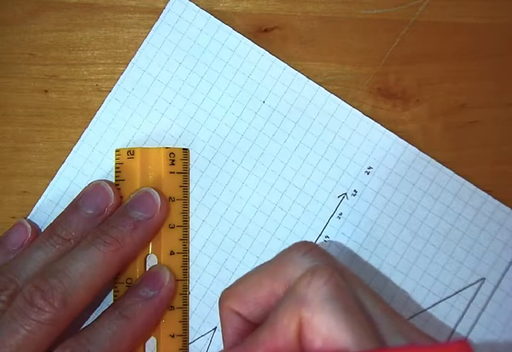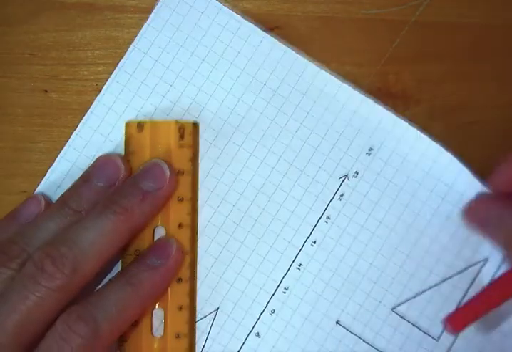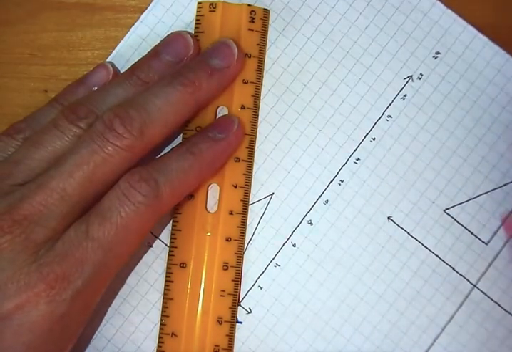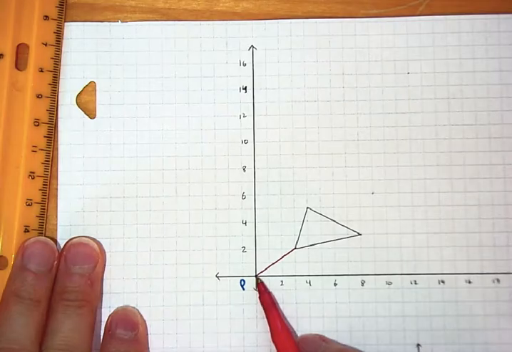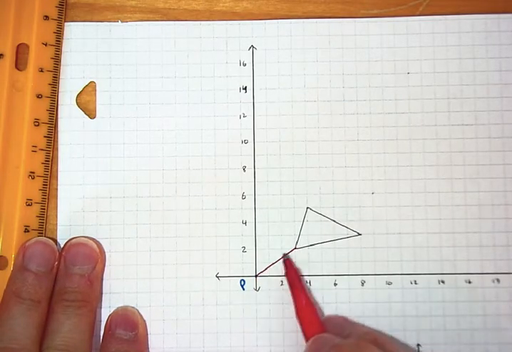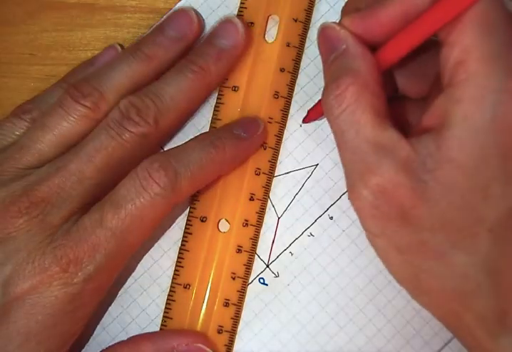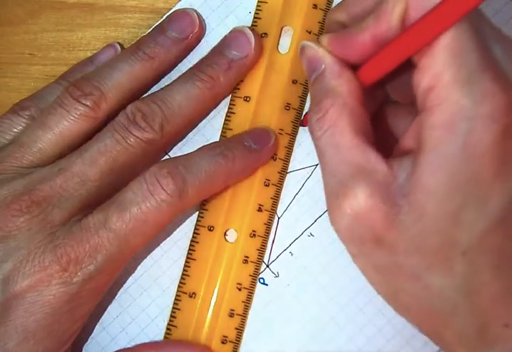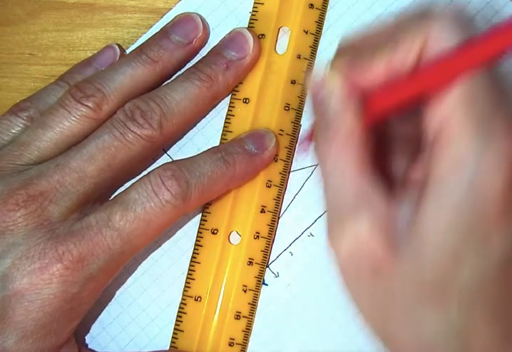So if I take this distance right here, oh, sorry, I just realized that I'm off the paper. So if I take that distance right there, and I were to multiply that distance by times 3, it would end up being this long.